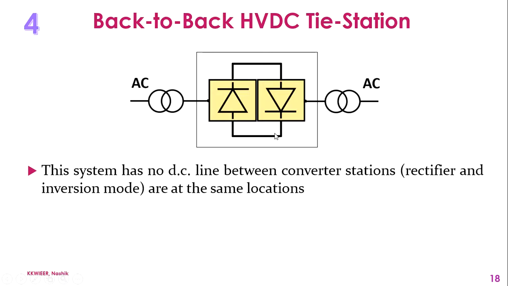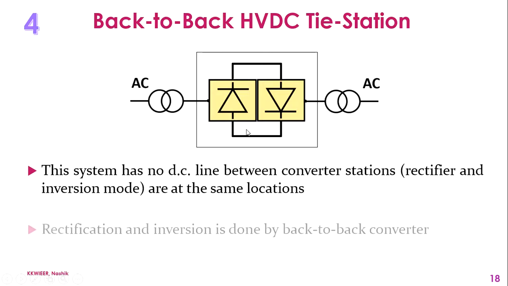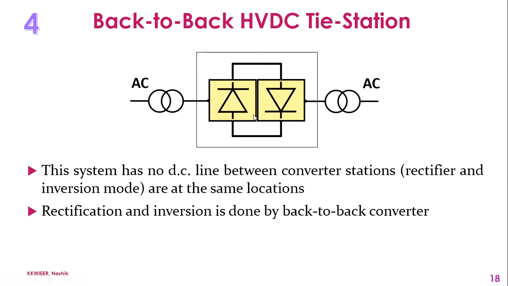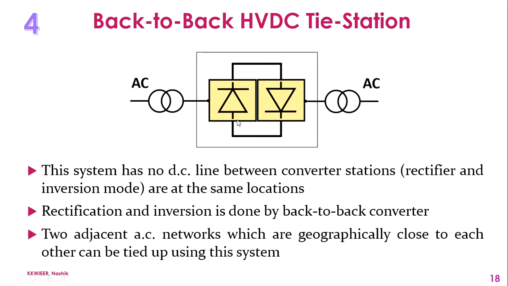They are at the same location. The rectification and inversion is done by back-to-back converters. Two adjacent AC networks which are geographically close to each other can be tied up using this back-to-back high voltage DC transmission or DC tie station.